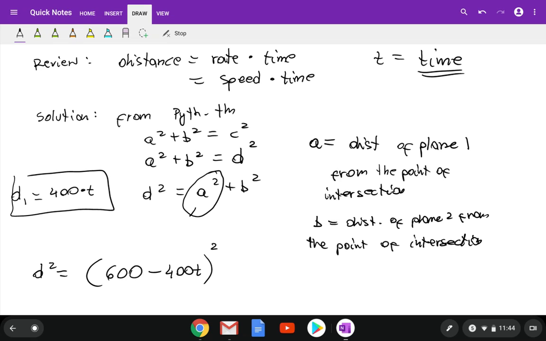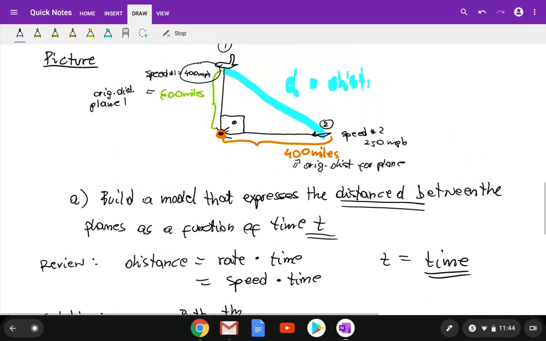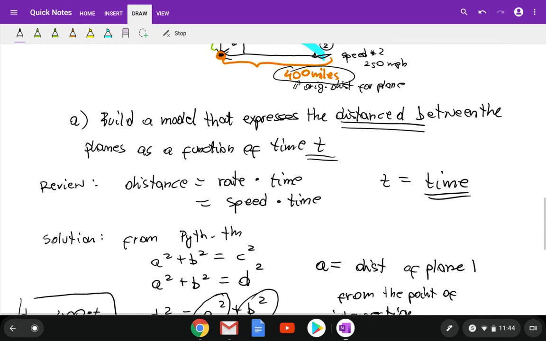Because we're expressing the distance between two planes using the Pythagorean theorem, you cannot just say 600 squared plus 250 squared, which is the original distance of plane 2. We have to subtract, because as time keeps moving, that distance will be getting smaller and smaller. Plus the b squared, this is how we're going to express it. This is your plane 2. Originally, the distance was 400 miles.